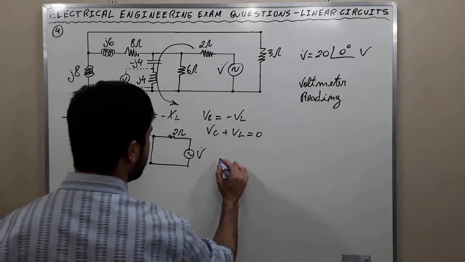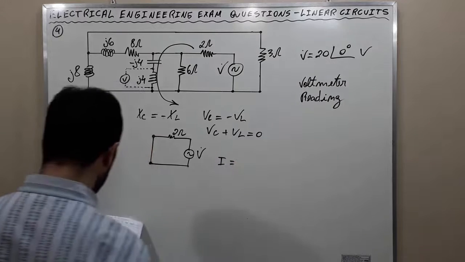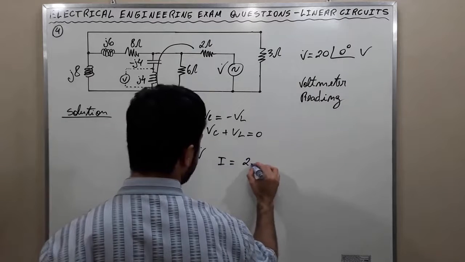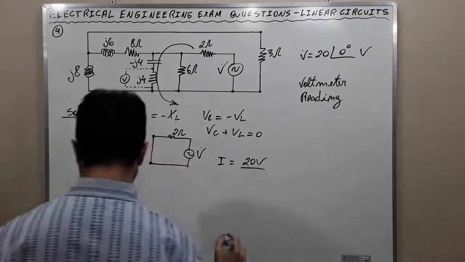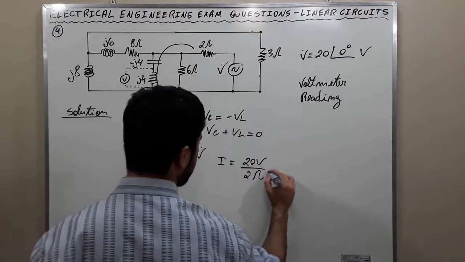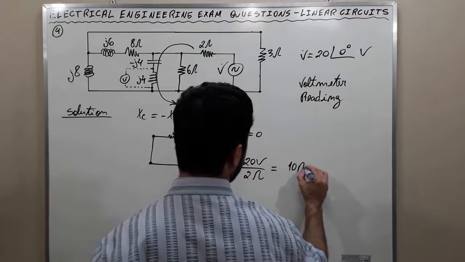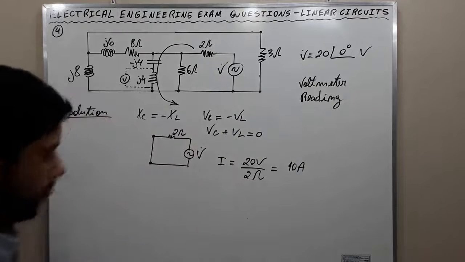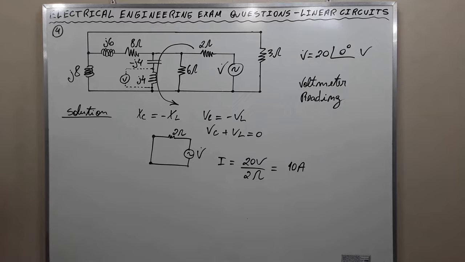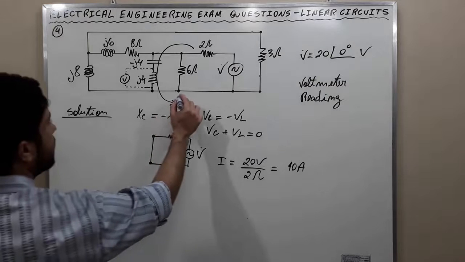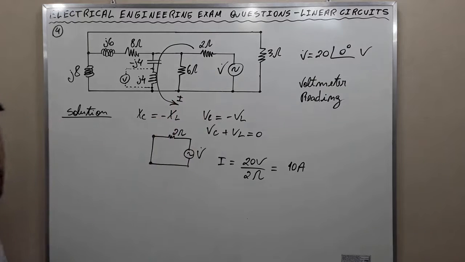Then the current is going to be 20 volts divided by 2 ohms, which is equal to 10 amperes. The current that flows here is 10 amperes.